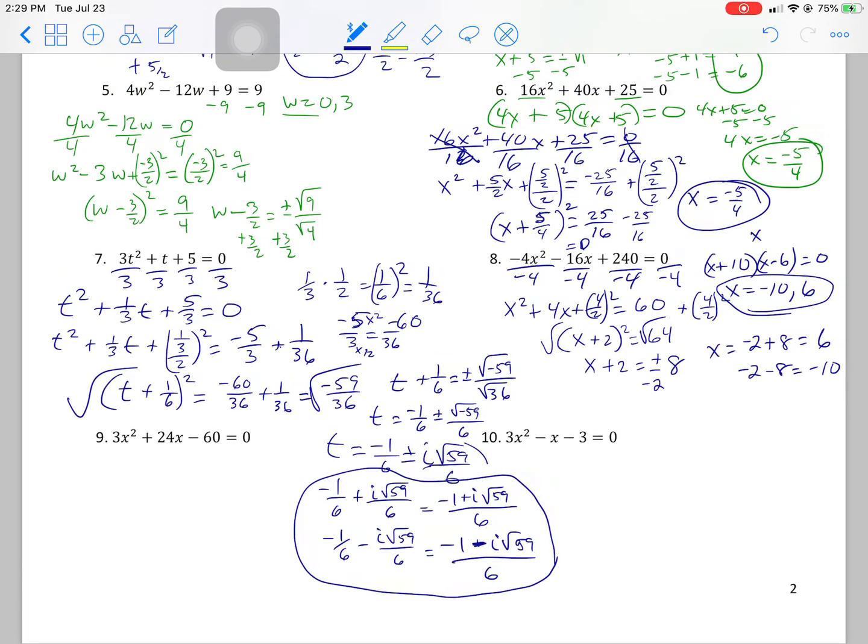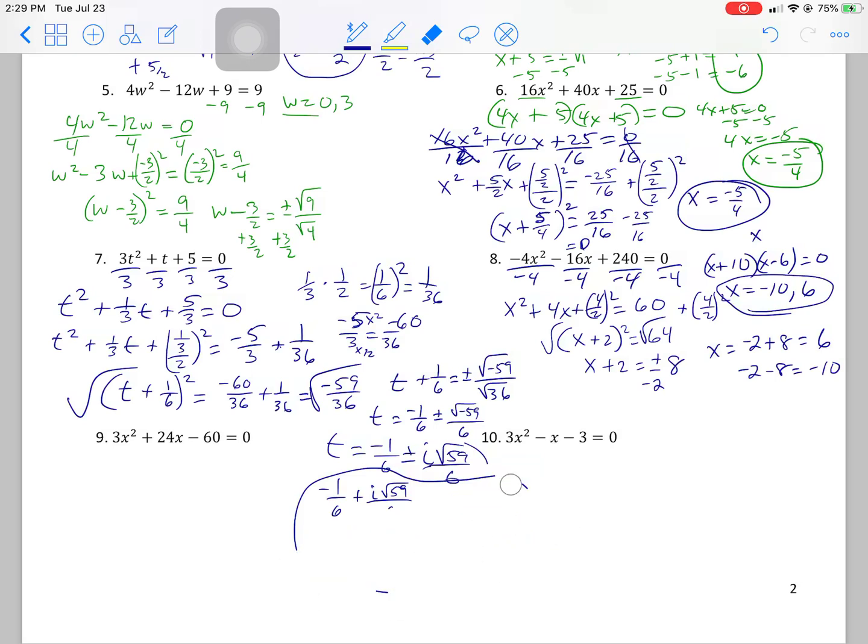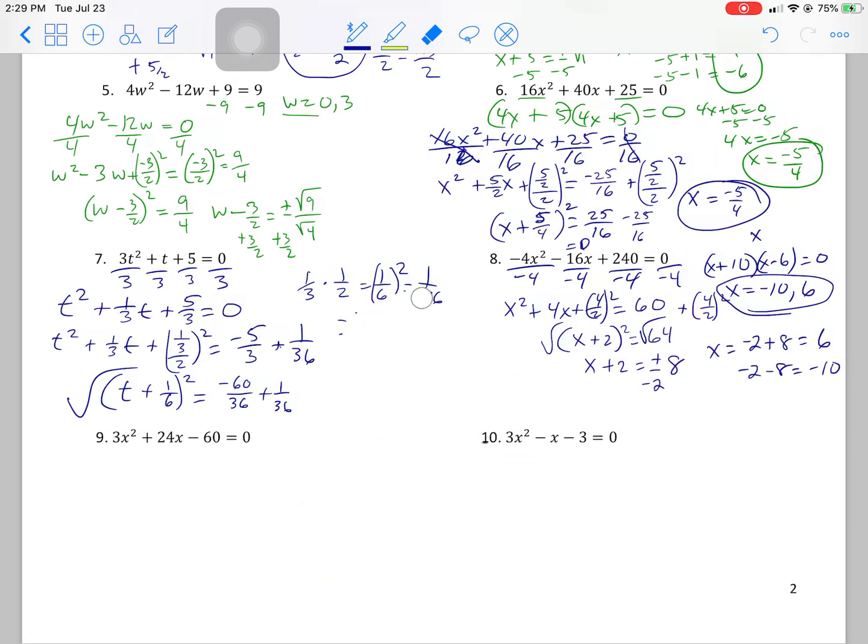It really focuses you on the rules. All right, so if you don't mind, I'm going to get this out of the way. Remember, all this is on the key. All right, last two. Get rid of the 3. Don't forget to put it over here.